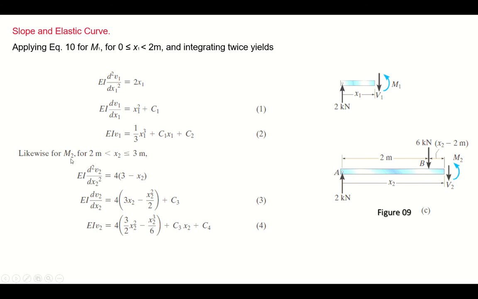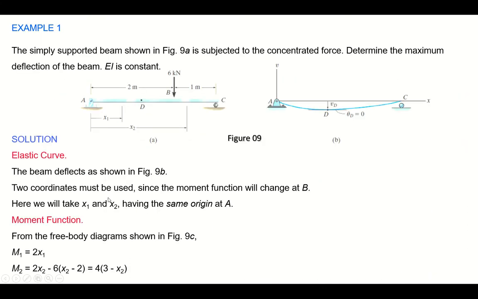Likewise for M2, the limits are from 2 to 3, and in the same way you can put the value of the M2 equation, which is d square mu 2 divided by dx2 square, and when you solve this it is equal to 4 into 3 minus x2.